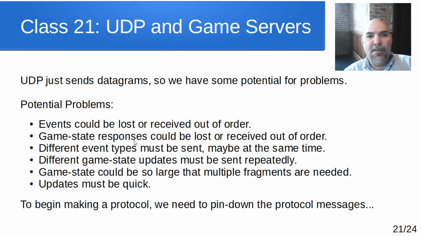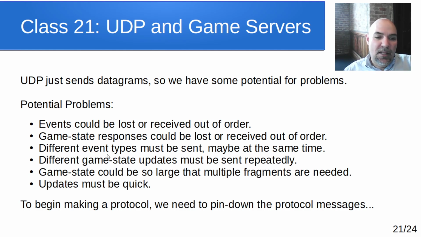In other words, you could have a game state where player 1 is traveling along a path. It's here, it's here, it's here, it's here. If those get out of order, you might have a case where it goes here, here, here, back to here, over to there, and things will look funny. So we need a way to handle cases where if we get an outdated state packet, what do we do with it?